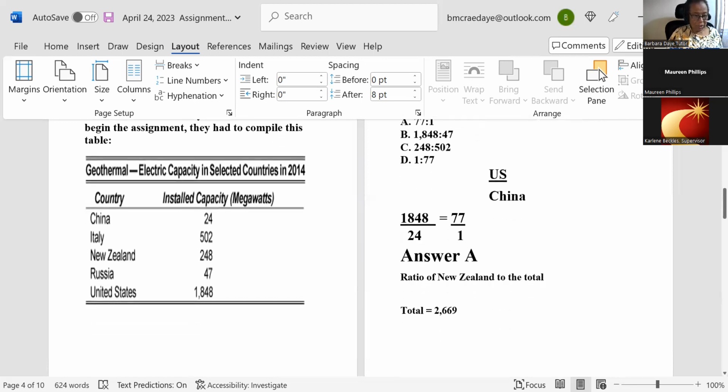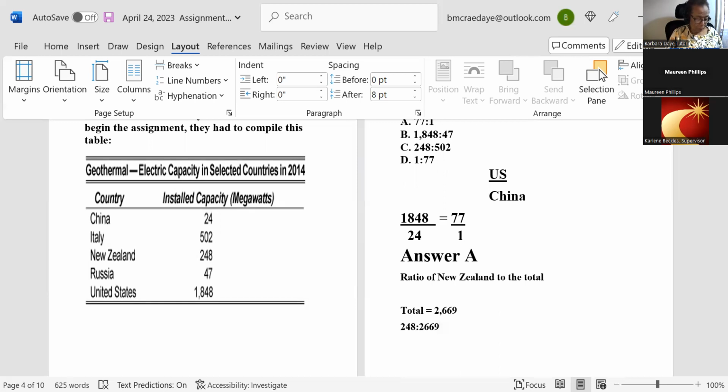Now, what is New Zealand's capacity? 248. Okay, so that would be 248, and we'll put a colon and 2,669. Now, does that divide equally by 248?